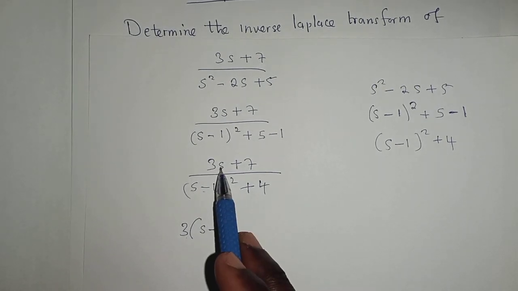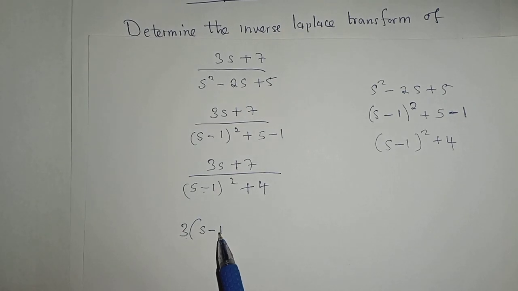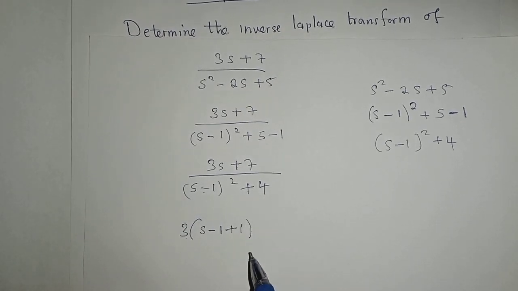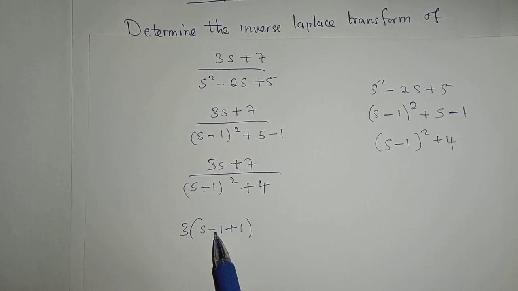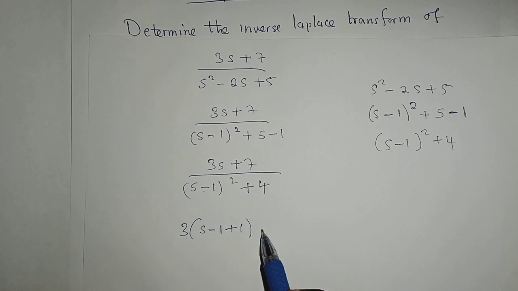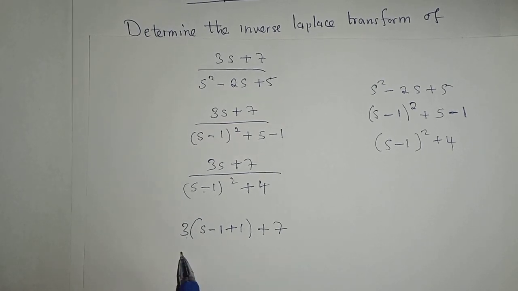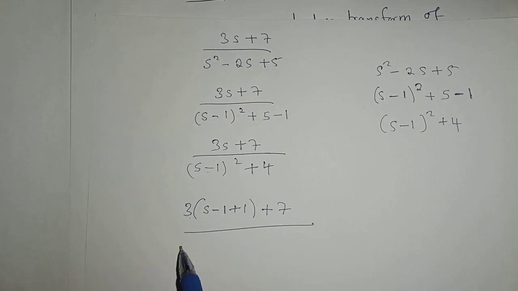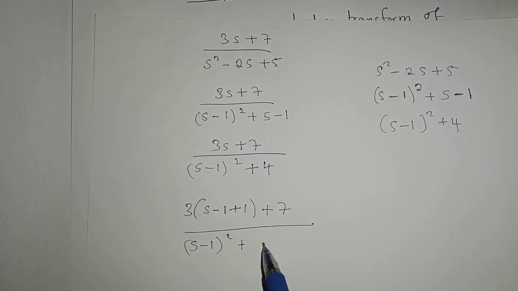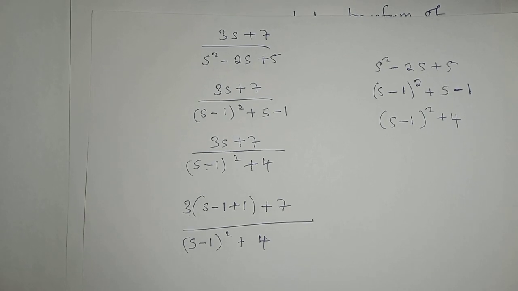So you have s minus 1, add a 1, so that it doesn't change the meaning, because negative 1 plus 1 is just 0. It's more like you have not put anything. And then you say plus 7 over the denominator, which is s minus 1 squared plus 4.